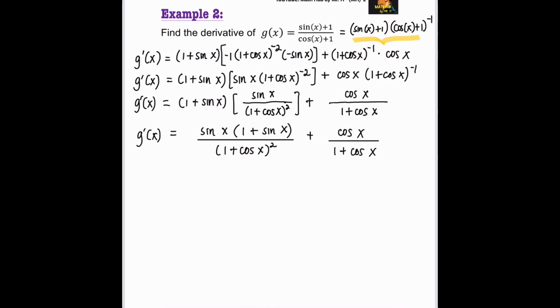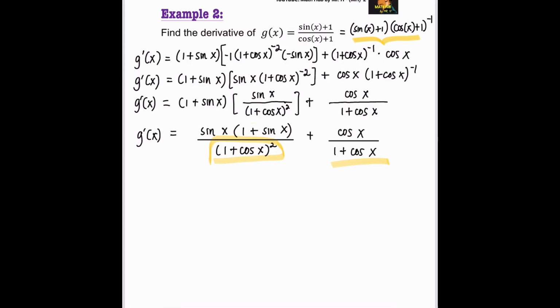Now, in order for us to write it as a single fraction, we need to multiply this term by another factor of 1 plus cosine x. So if you're going to expand this, it's going to be 1 plus cosine x times another 1 plus cosine x. But here we only have 1 plus cosine x.